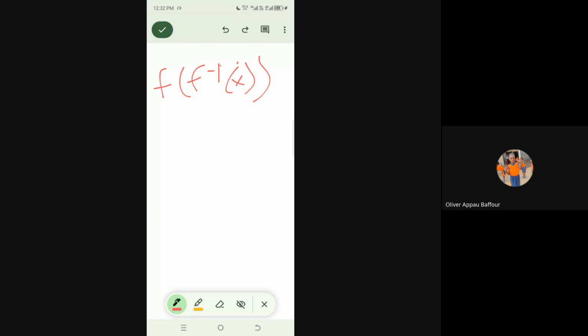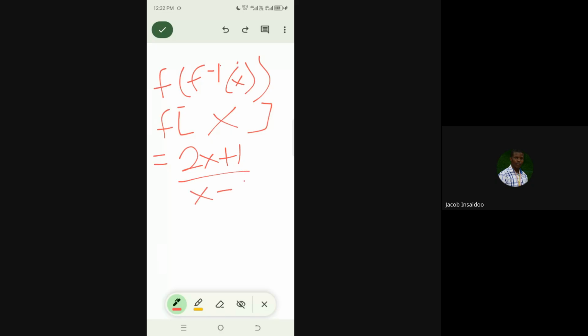Remember that this function looks like this one. Do we agree? Yes, madam. All right, so we are going to use the original function, which is 2x plus 1 all over x minus 3.